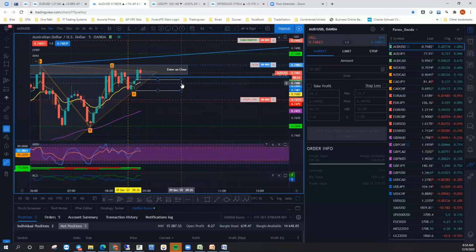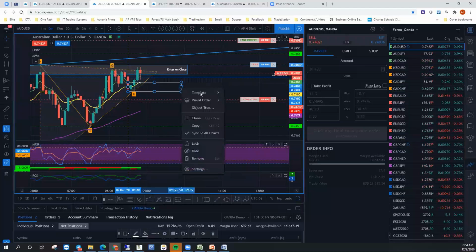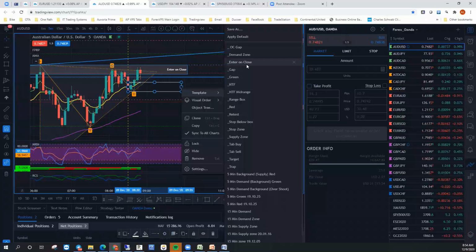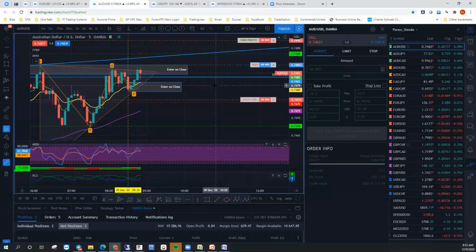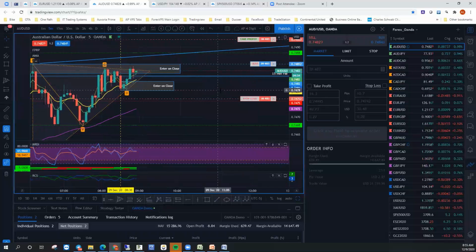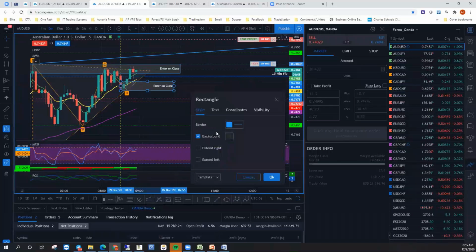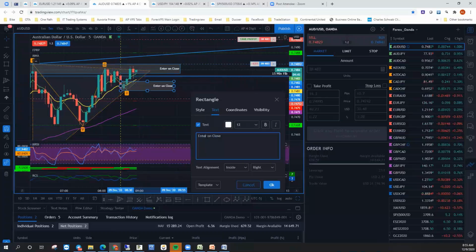Let's make that a range box. And if I get a close in here, then I'll probably get out of this trade and do an exit on close on this one.